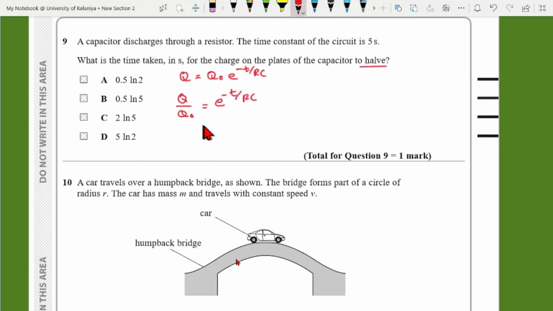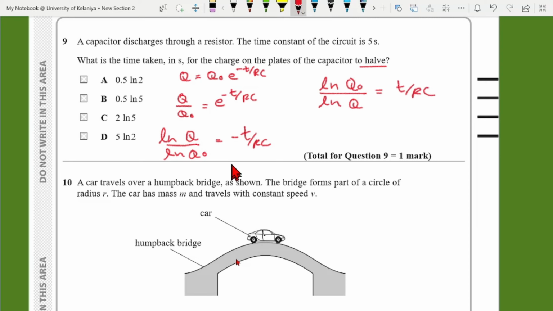Then if I take the natural log, you will get ln Q over ln Q naught equals minus t over RC. I want to remove this minus sign, so if I multiply both sides by minus, what you will get here is ln Q naught over ln Q equals t over RC, because you can write ln Q minus ln Q naught like this.